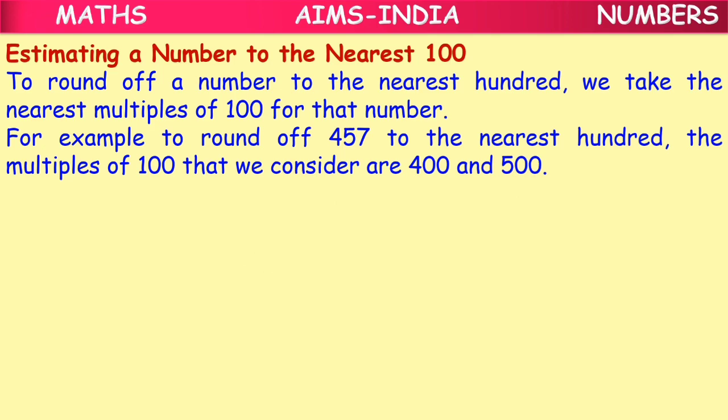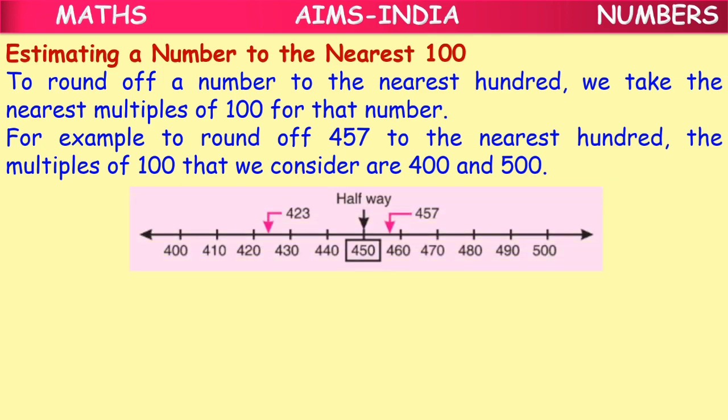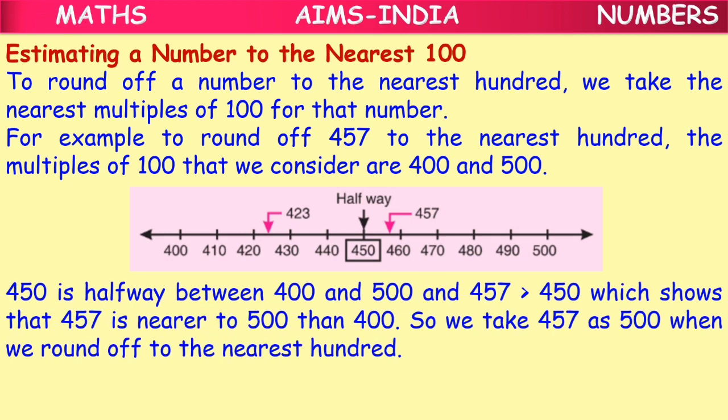Yes, 400 and 500. Now when we look at those on a number line, we have 450 in the halfway, 400 here, 500 here. The number we want is 457.